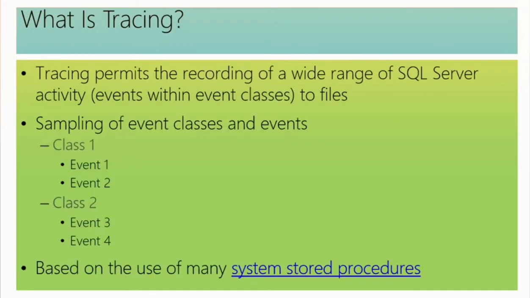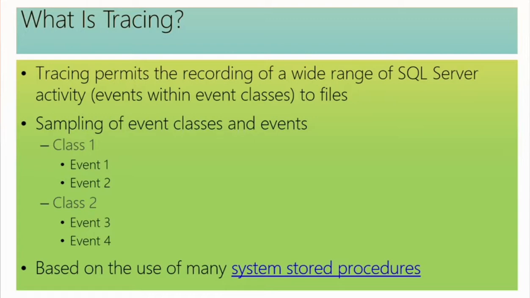Awesome. So what is tracing? Tracing is the under the covers capturing of activity by the SQL Server process, and we'll find that it can record and track all kinds of activity, which we refer to as events that are contained within event classes.